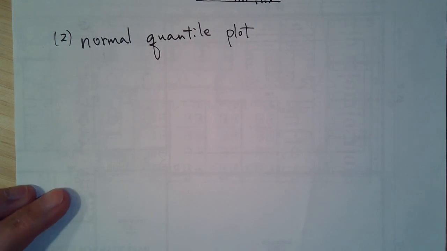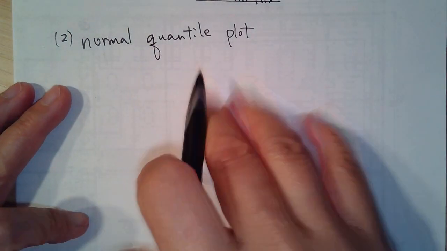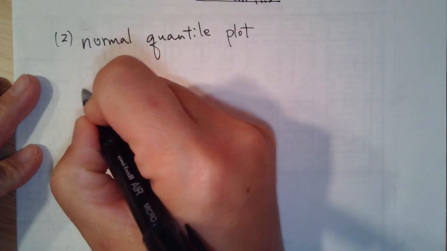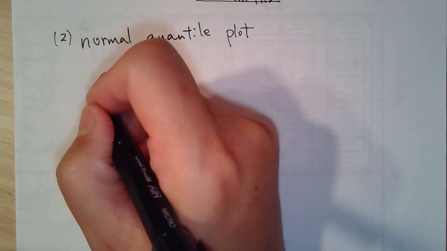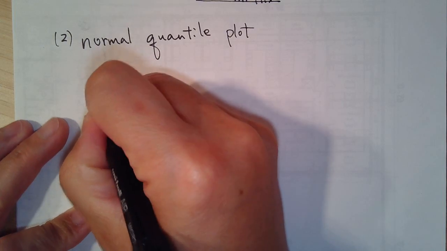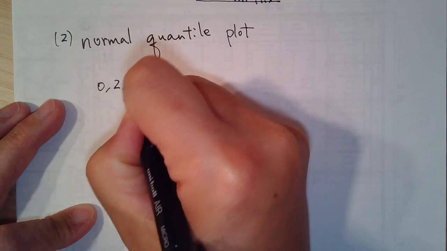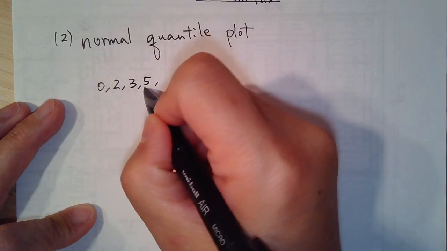All right, now let's work on this normal quantile plot. What does that mean? Let me give you one data set. The data set I give you is 0, 2, 3, 5, 20.